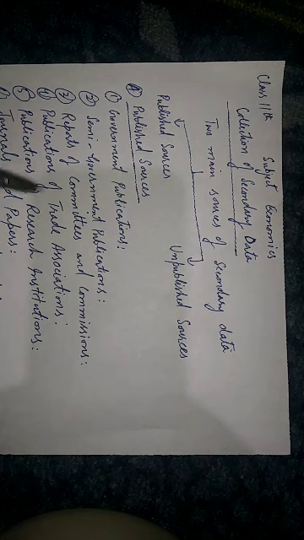The fourth one is publications of trade associations. Some of the big trade associations, through their statistical and research division, collect and publish data on various aspects of trading activity. For example, Sugar Mills Association publishes information regarding sugar mills in India. Fifth, publications of research institutions.